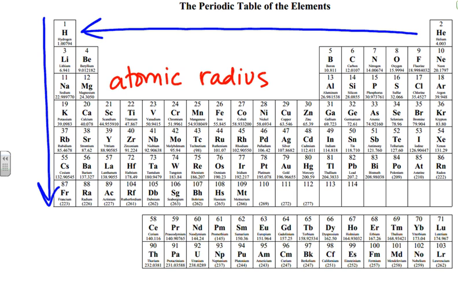So atomic radius is going to increase as you go down a column, and from right to left on the periodic table. Now the reason we're increasing as we go down is because of the number of energy levels. Okay, so we're looking at the Bohr model.